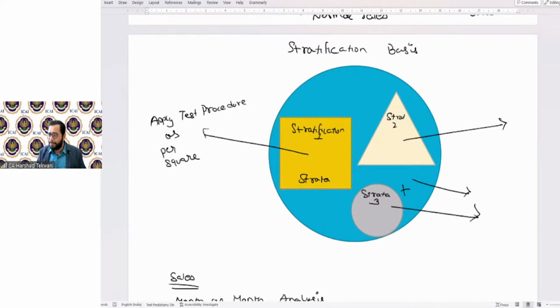I hope I'm clear. So that's why a misstatement cannot be applied to the entire population when it does not represent the entire population. If I find a misstatement in the square, I can only extrapolate it to the square, because that's the particular strata to which it belongs. Okay.